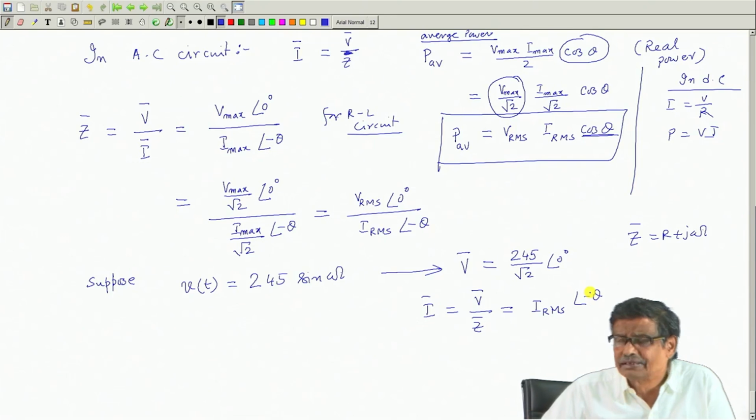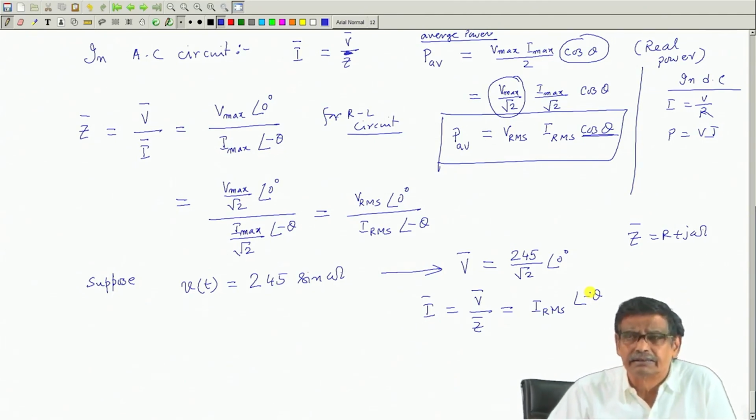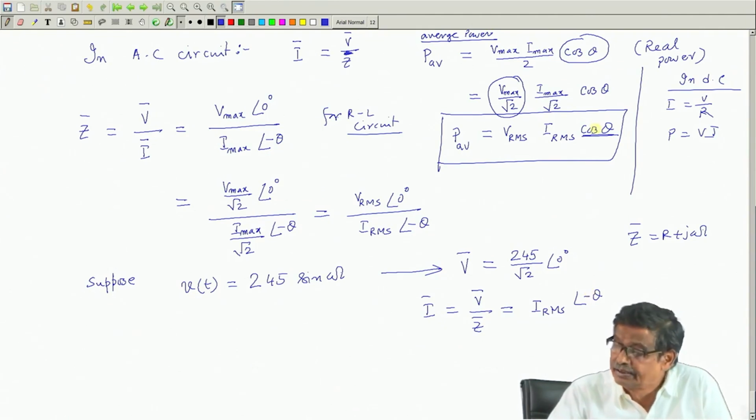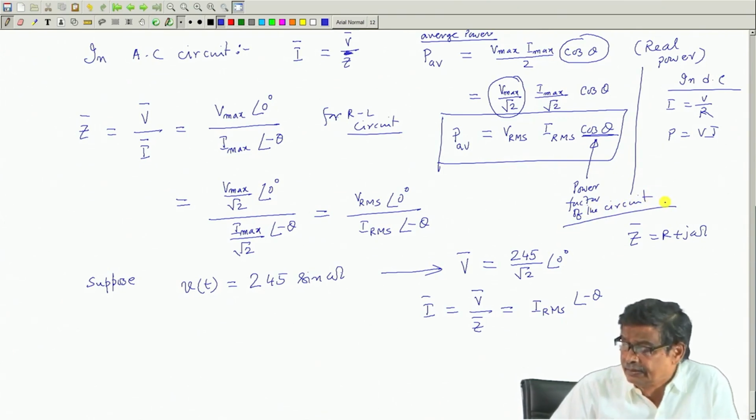Therefore, representing in phasor notation, we get a similar expression for power as in a DC circuit, similar not identical, since cos theta is there. This cos theta is called the power factor of the circuit. So, how nice it is.